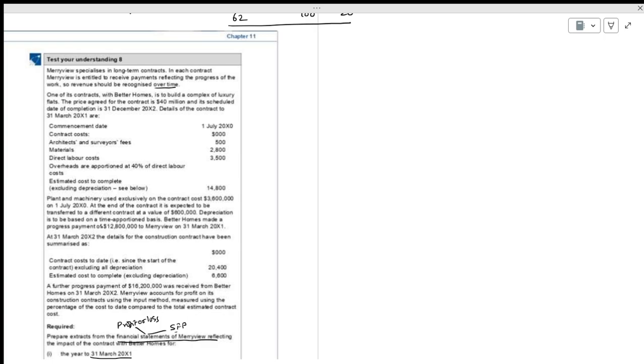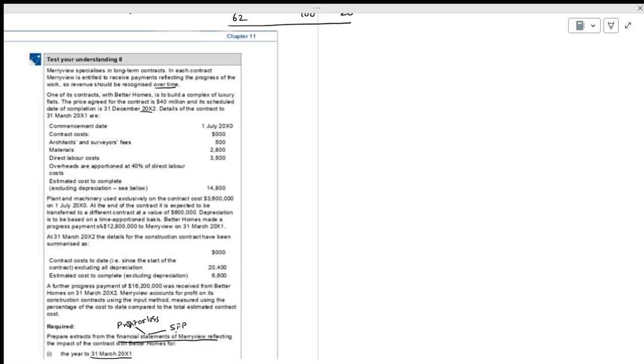One of its contracts, Better Homes, a construction contract, is to build a complex of luxury flats. The price agreed for the contract is 40 million, scheduled to complete on 31st December.